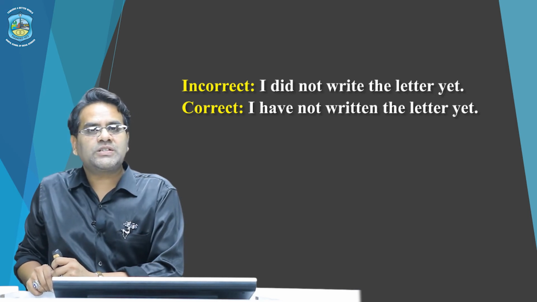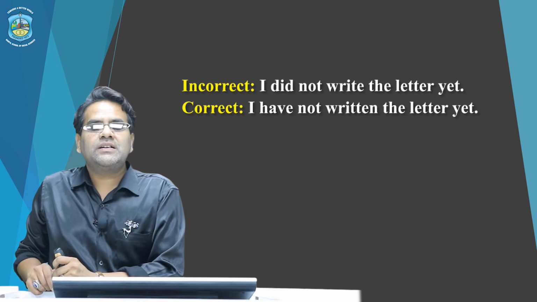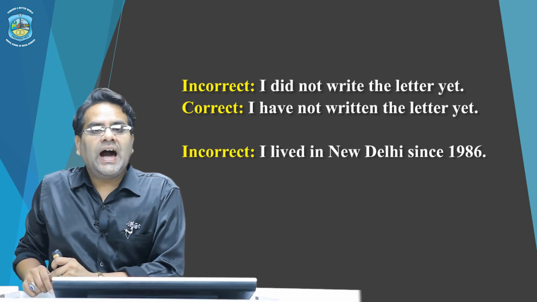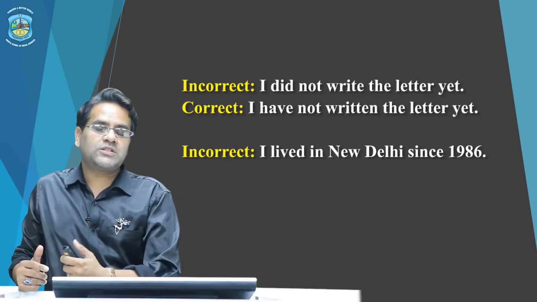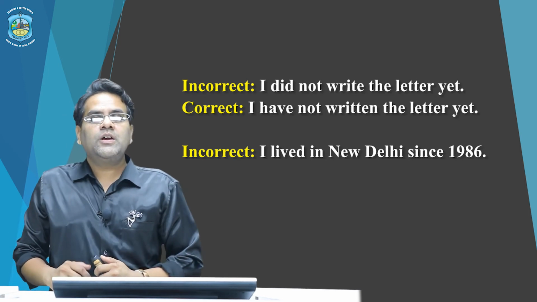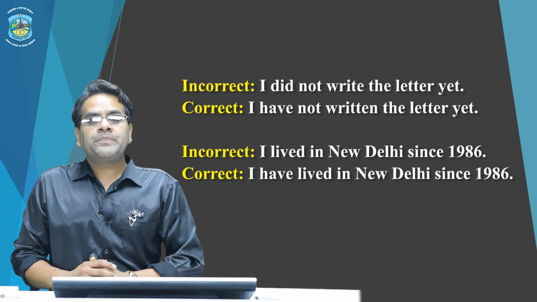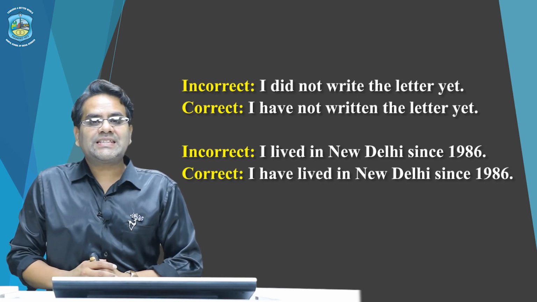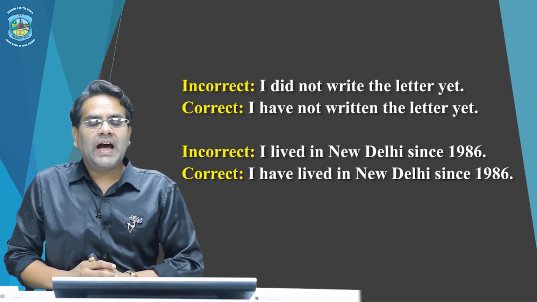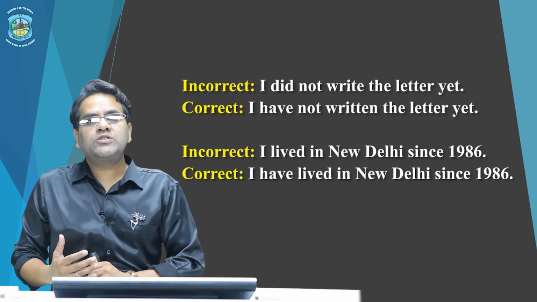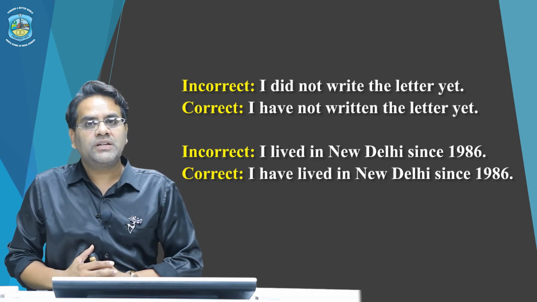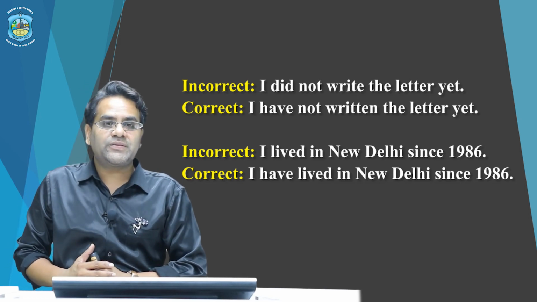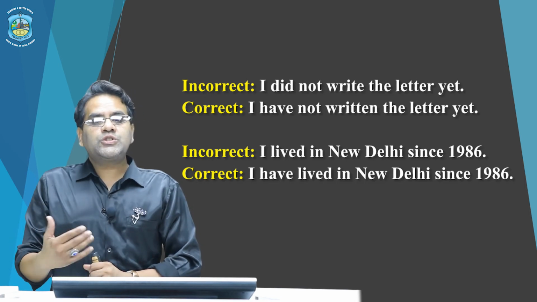I hope you have understood. Now the second statement. I lived in New Delhi since 1986. Again, this was a totally incorrect statement. What was the correct statement? I have lived in New Delhi since 1986. Again, lived did not include the helping verb have, but we have learned it with the help of have. And so on.